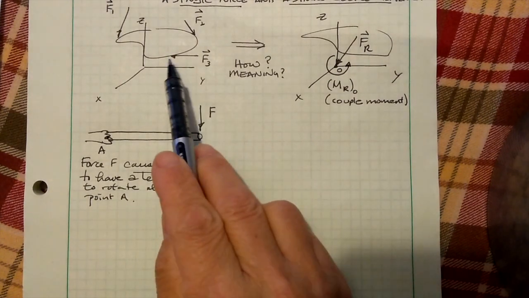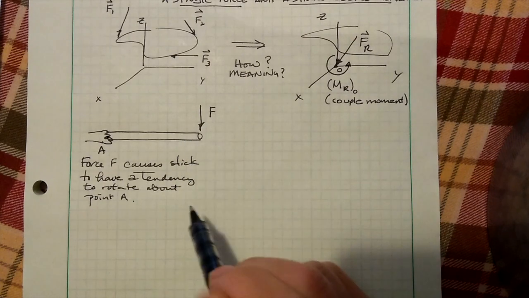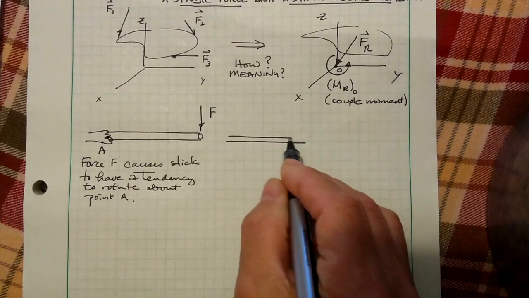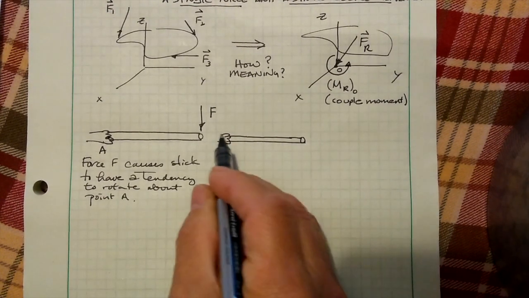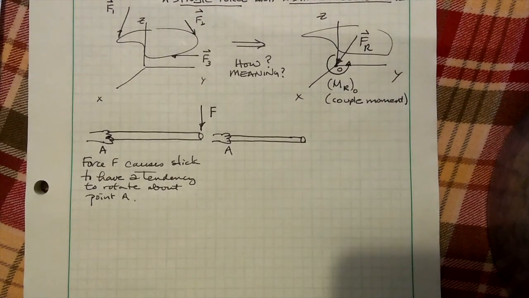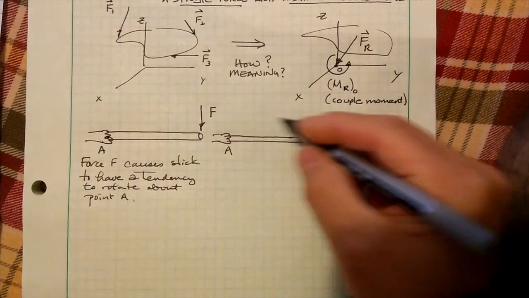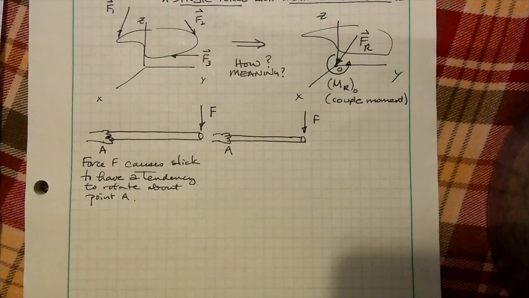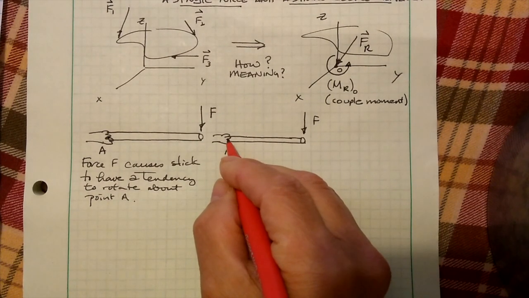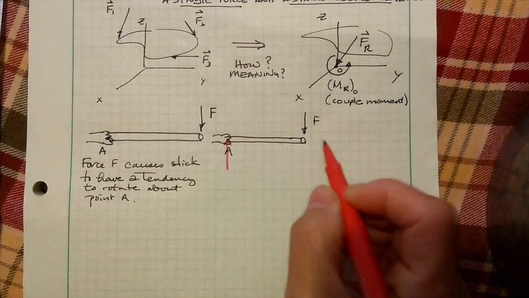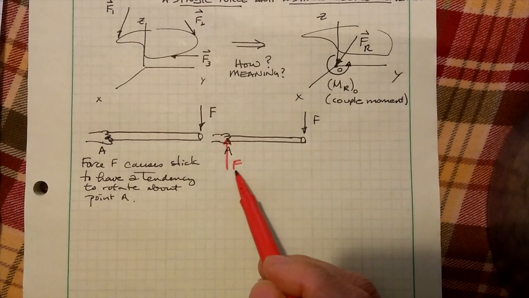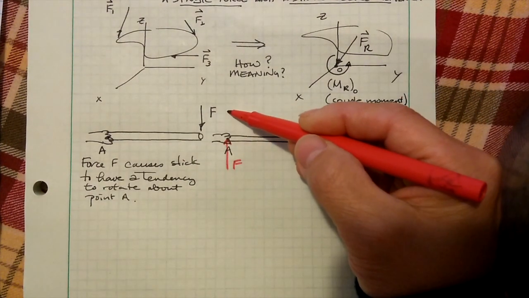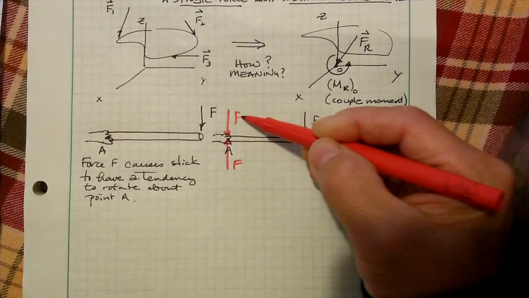So in order to go from here to here for this particular system, I'm going to draw an intermediate concept. So let's say this is the same stick with the person holding on to it, and that's point A. So I have this same force here. Now, if I were to add an equal and opposite force at point A, meaning this F and this F are the same in magnitude but opposite in direction, and I'm going to add another F right here.